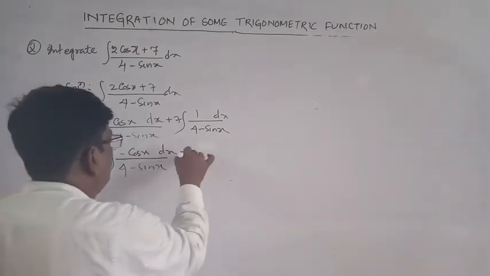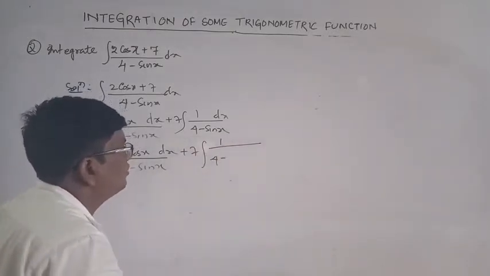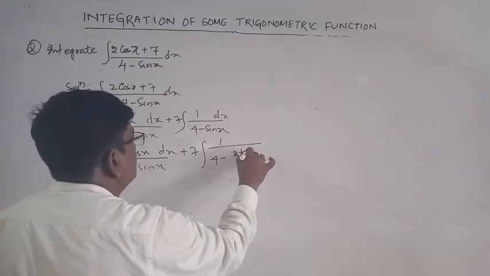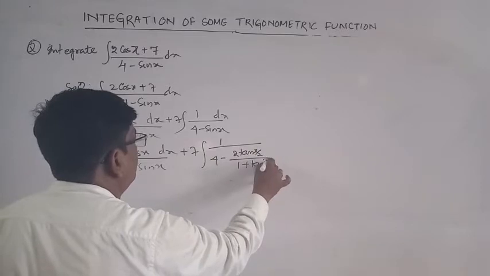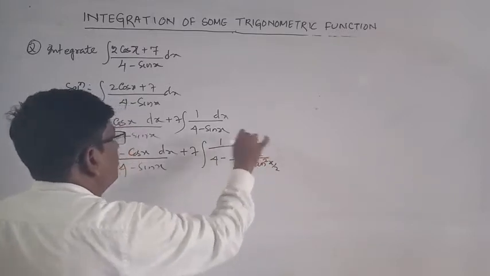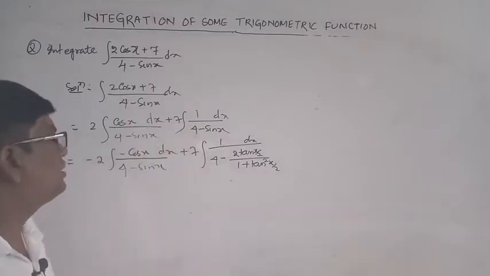So this is 7 into 1 by 4 minus 2 tan x by 2 divided by 1 plus tan square x by 2, because it is the form of a plus b sin x.